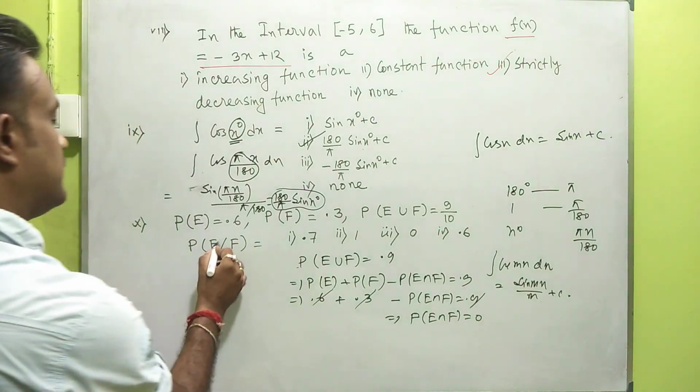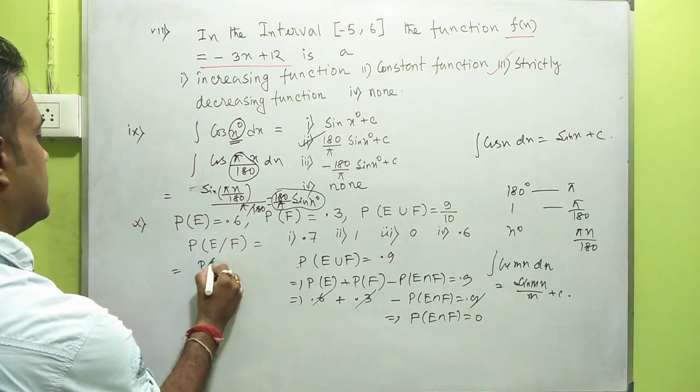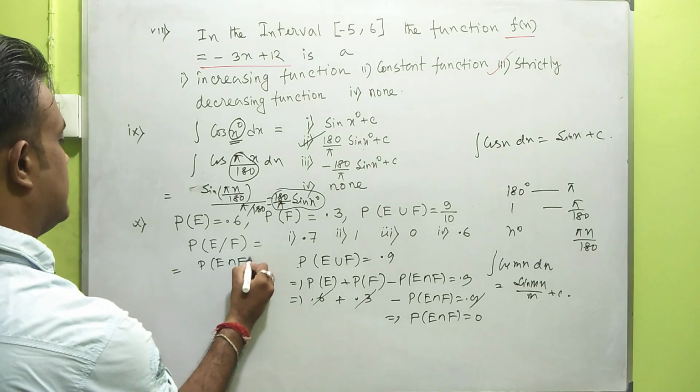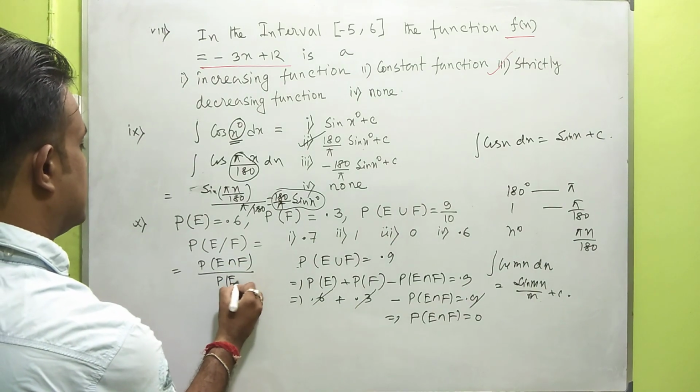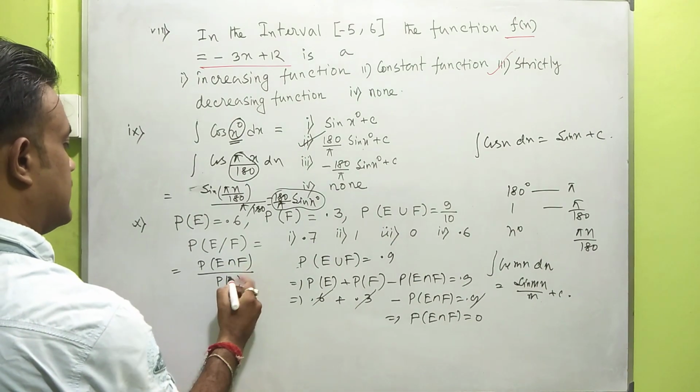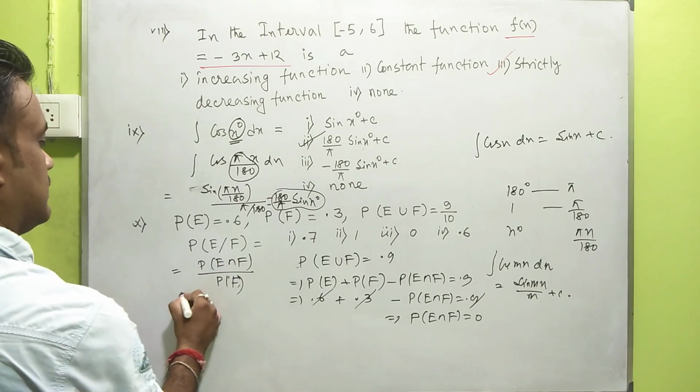We know that P of E given F is equal to P of E intersection F by P of F, as it is 0, the answer will be 0.